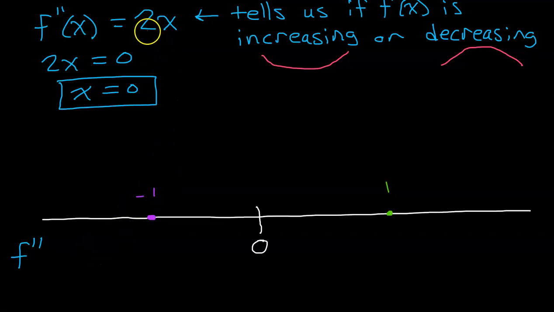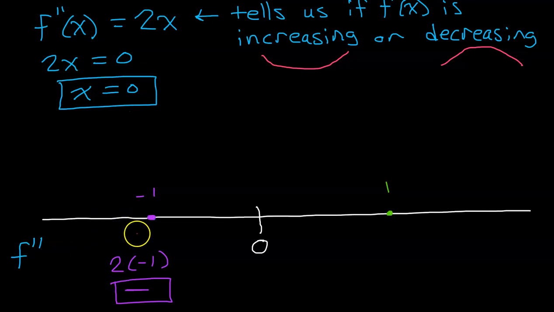So this will be pretty simple. If I evaluate the second derivative at -1, that's just going to be 2 times -1. Remember, all I care about is whether or not this is positive or negative. Obviously, this will be negative. And second derivative tells us concavity.